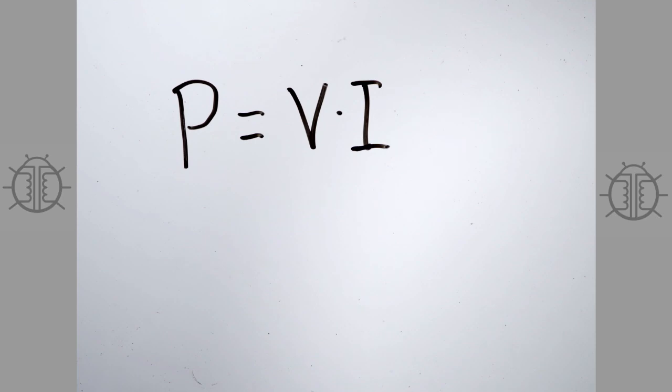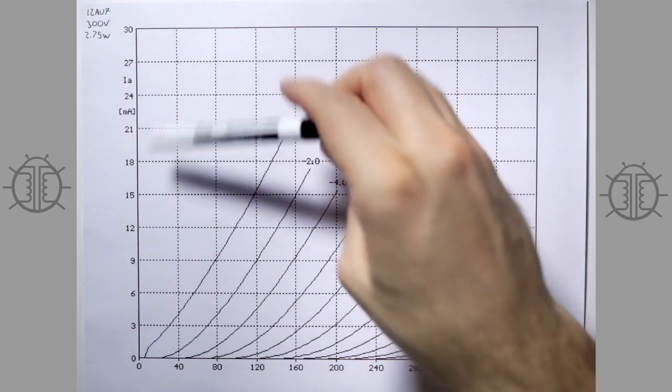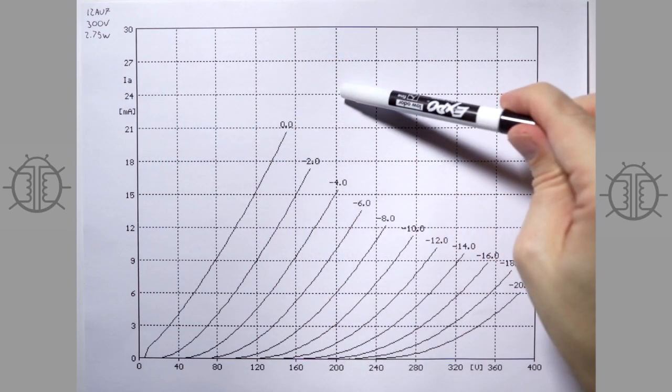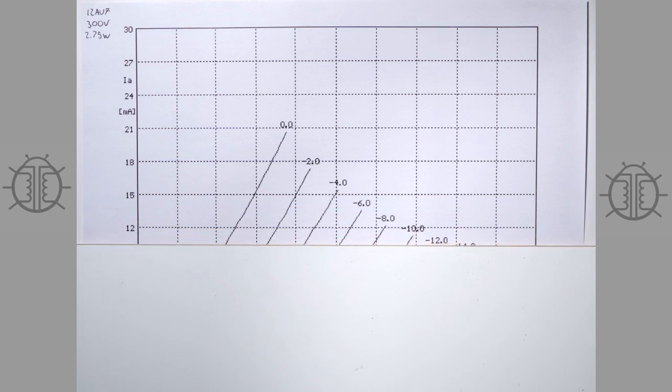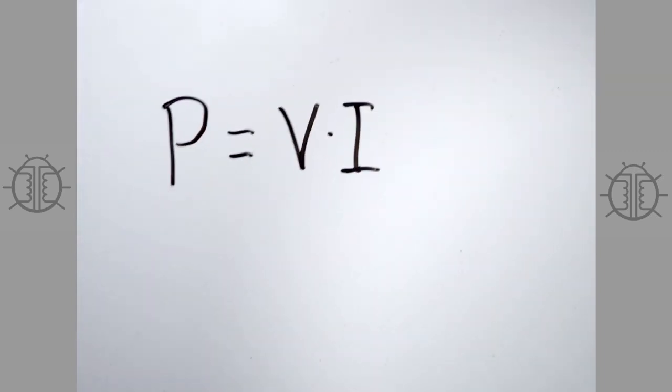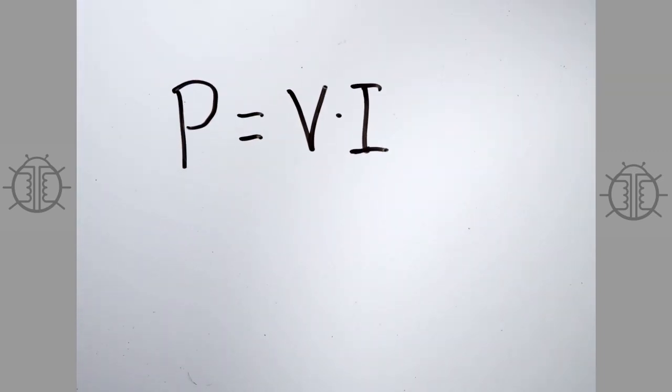And so you'll notice on our curves here that that's exactly what we have. We've got volts and we've got amps. And so the 12AU7 has a maximum dissipation of 2.75 watts.